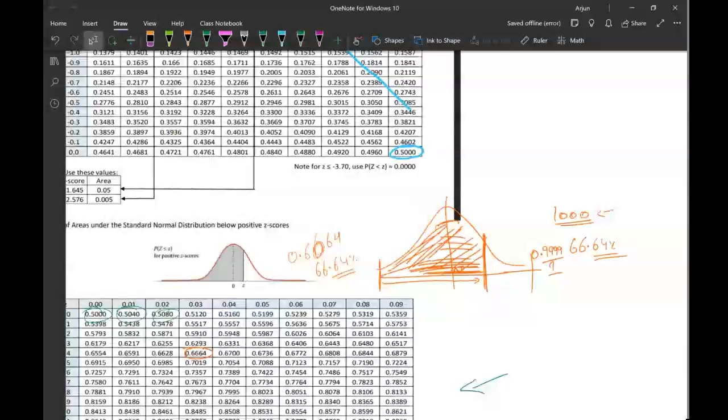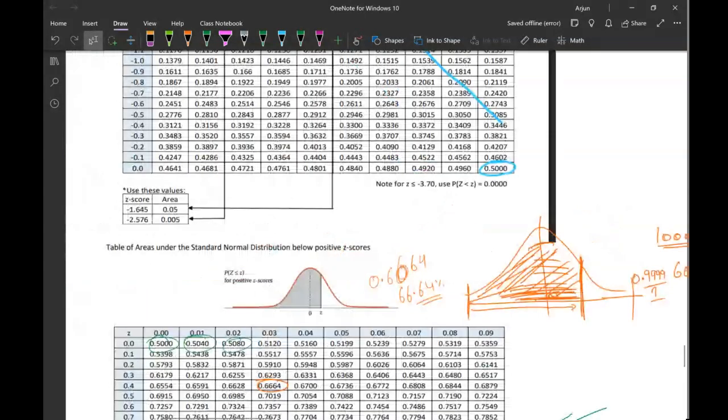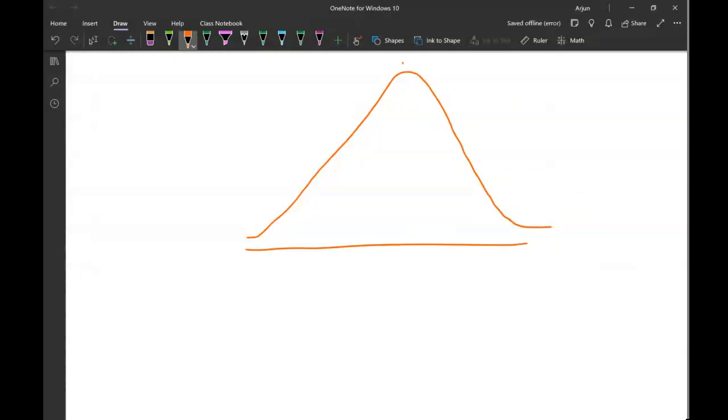Now we're going to talk about the second thing, that is the z-score. So you might have studied in chapter number 3 about the standard deviation. So when we talk about the standard deviation, there are two things in the standard deviation. One is S value, which is the amount of standard deviation.